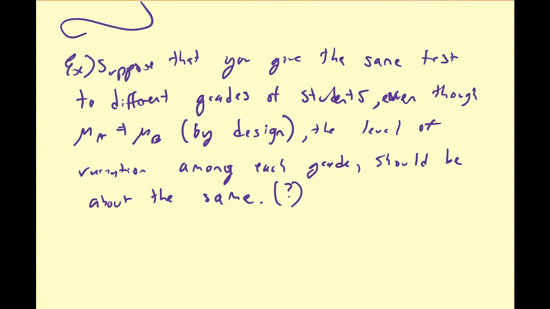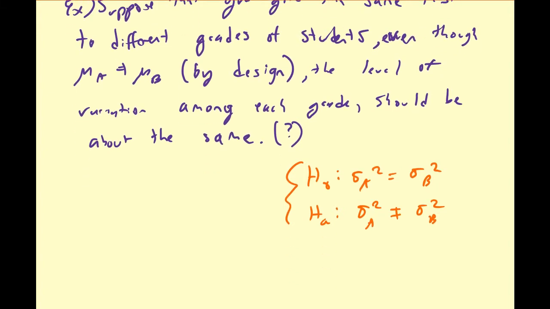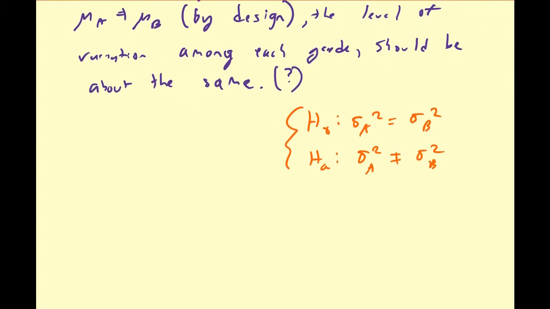So what does that claim? Well, the claim here is that the variance of A is going to be equal to the variance of B, where these A's and B's correspond to different grade levels. If you want to test against that, you're going to say that the variation between these two grades is going to be different. Namely, it's possible that they might be more spread out in grade 2 than in grade 1. All right, so let's go through this process.